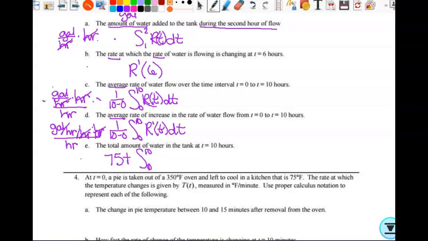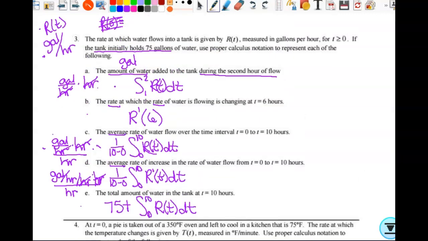You're starting, well, at time 0 you have the 75, but before the first hour, some water's going in or coming out, right? R of t dt, very good. You do not, because this says the whole time that water's flowing in, so no water's leaving. Good question.